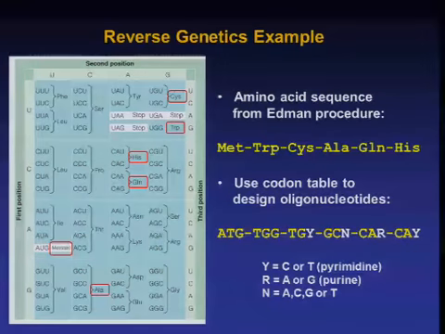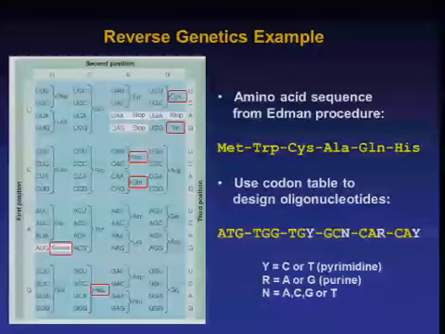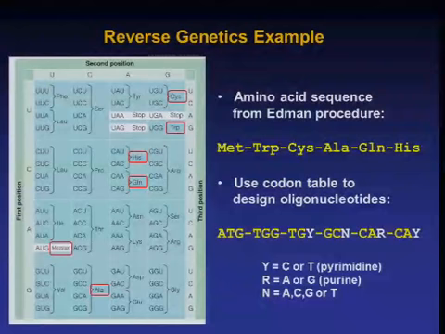If everything was non-degenerate except for a pyrimidine there, how many would we have to make? Two, right? Let's say there was no degeneracy there or there, but we had this and we had that. How many would we have to make? 8, right?